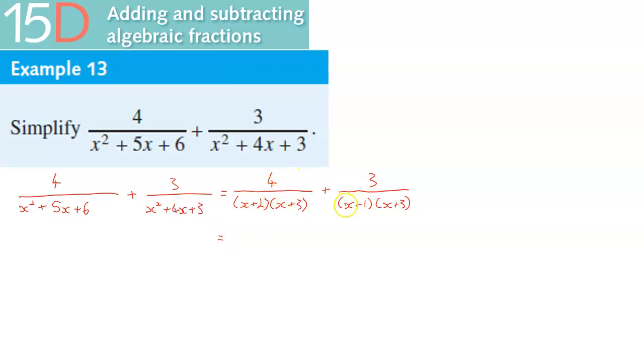This first fraction I need to multiply by x plus 1 over x plus 1. My second fraction I need to multiply by x plus 2 over x plus 2.